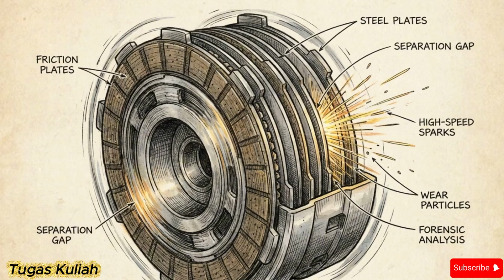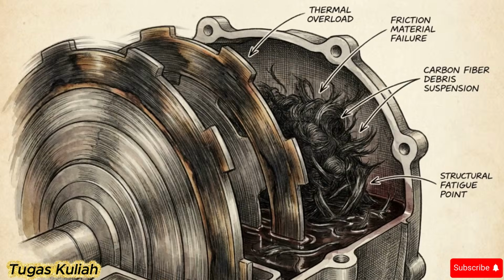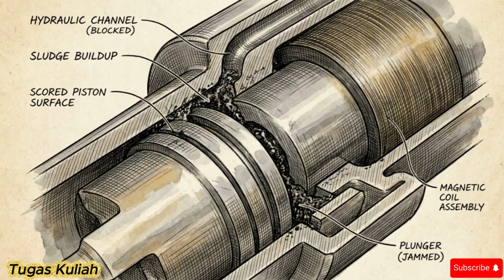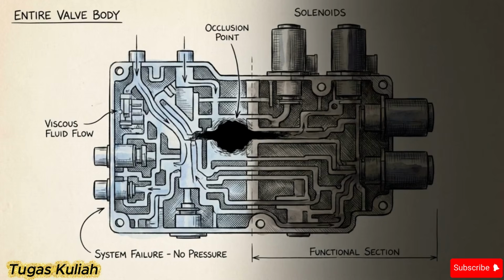The resulting lack of pressure causes the corresponding clutch pack to slip. The friction burns the clutch material, shedding an entirely new wave of debris back into the system. AT slip is a micro-level hydraulic failure. It is effectively a localized stroke within the transmission's brain that paralyzes torque transfer.